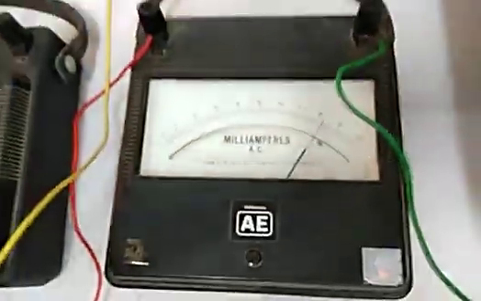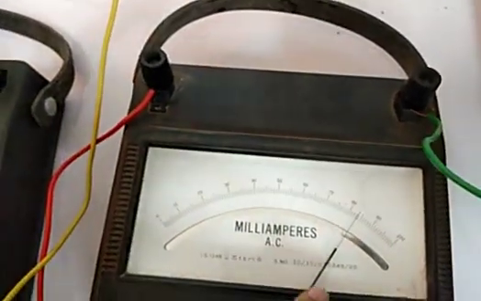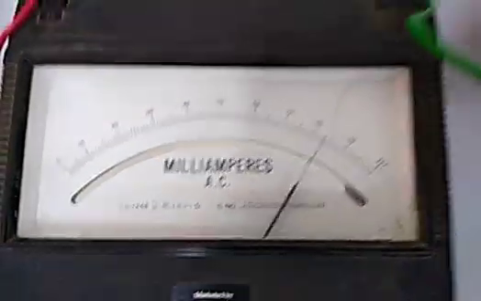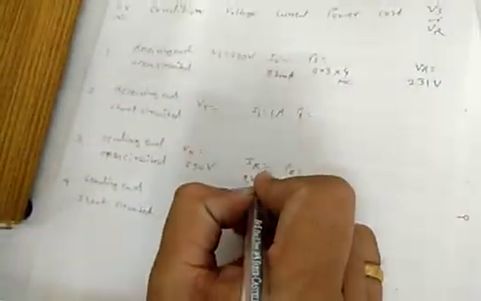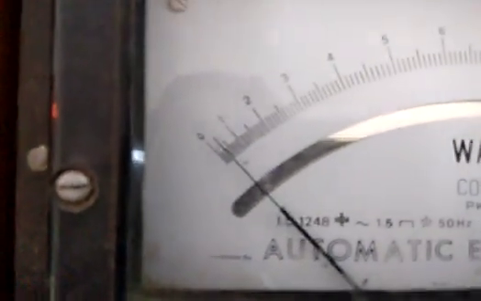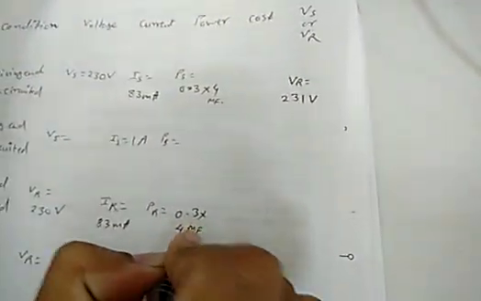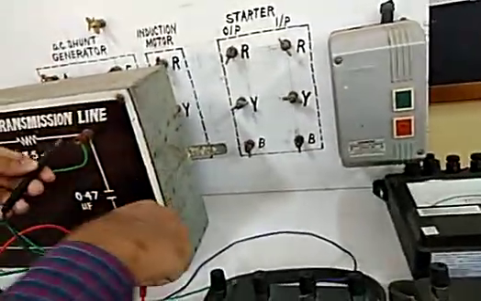If you see the ammeter, the voltage is 230 volt, and the current is again 83 milliampere. And power, if you see, is again 0.3, and the multiplying factor is 4. Okay, the voltage at the other end we will measure.